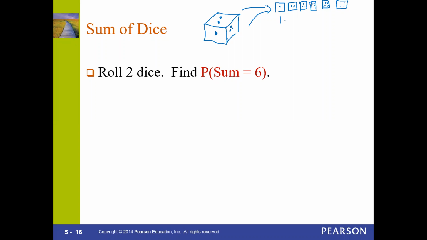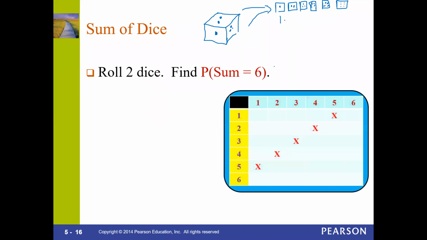So let me do the sum of 6. Here, it shows a table that gives you an idea of what we're trying to expect. Anytime you can have 6, because remember, you're going to roll the dice twice. Okay, twice. That means if you have 5 and 1, that will give you 6.